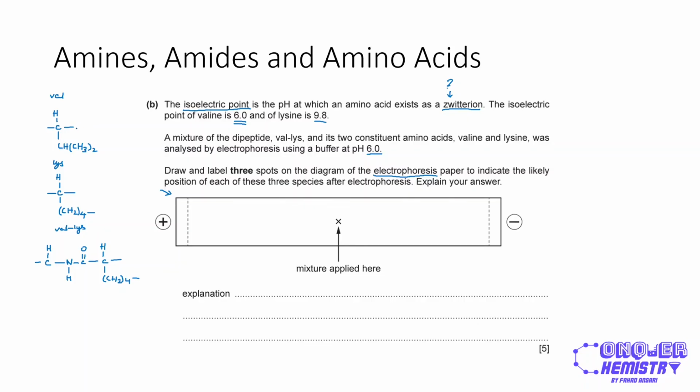So basically what happens is the carboxylic acid group in the amino acid valine is going to give up its hydrogen ion, so it's going to become CO2 negative, and the amine group is going to gain a hydrogen ion and become NH3 positive, right?